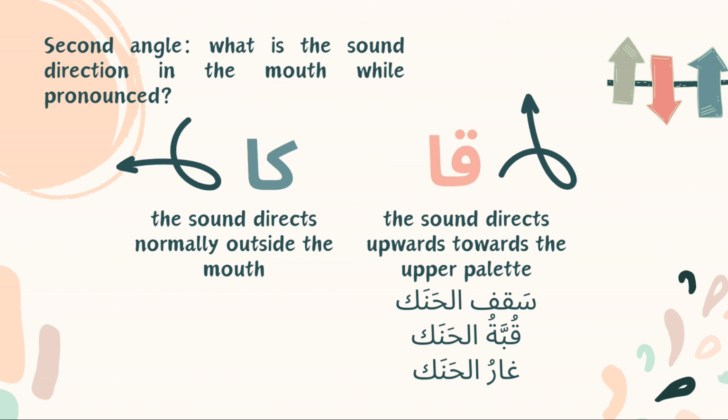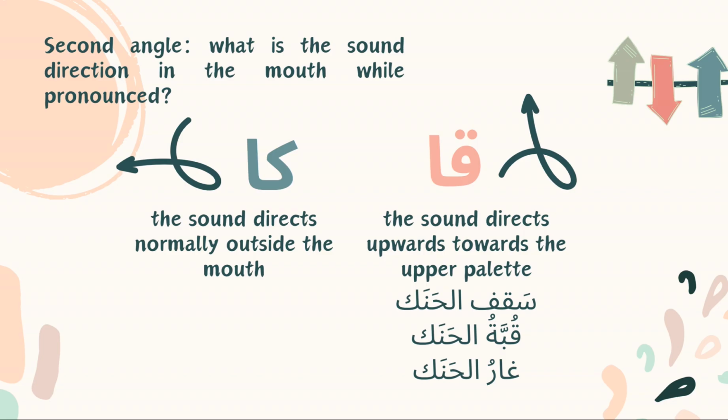Now here we are going to handle the letters from another angle. And this angle is, what is the sound direction of the letter in the mouth while it's pronounced? So does this mean that there is a direction to the sound? Yes. There are letters where their sounds direct upwards towards the upper palate.